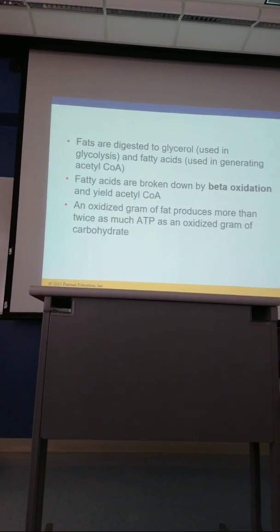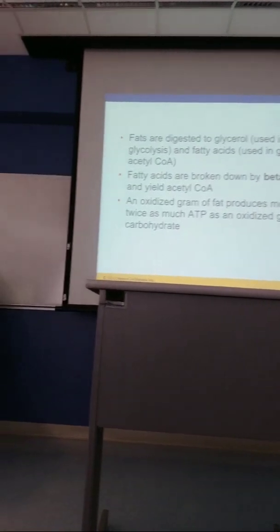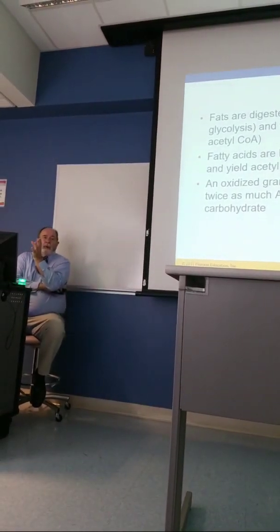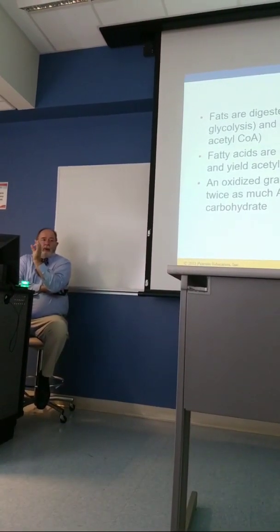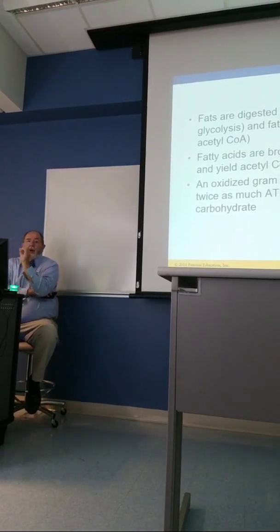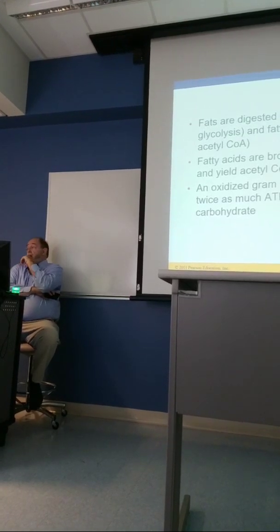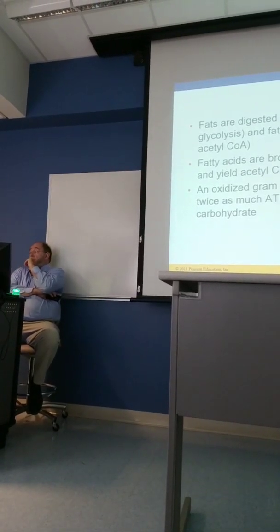These fatty acids are broken down by beta oxidation. Basically, that's the type of bonds that are broken. You don't really need to remember beta oxidation. Remember, the fatty acids are broken down to acetyl-CoA.